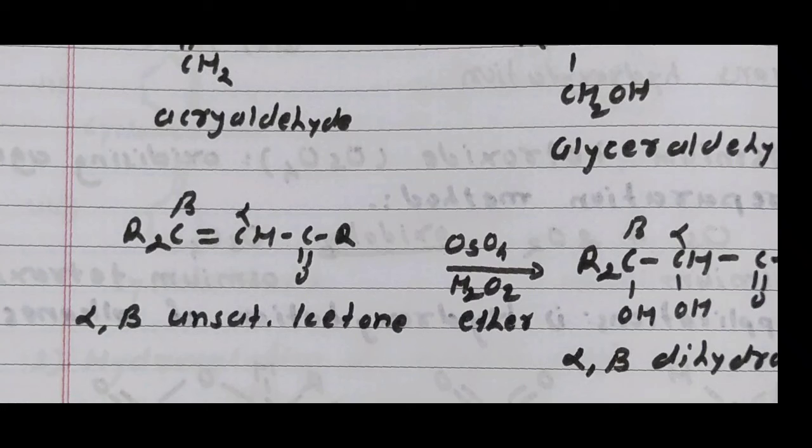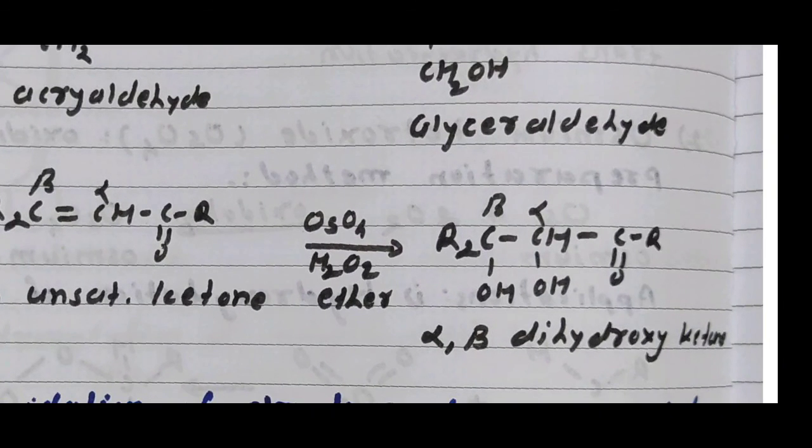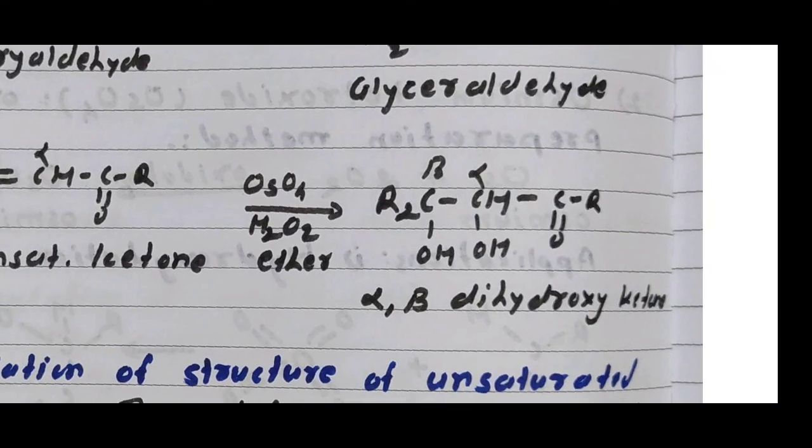R2C double bond CH, C double bond O, R. Here ketone is the functional group. The carbon atom adjacent to the functional group is called alpha. Next is beta. Therefore, the alpha beta unsaturated ketone in presence of OsO4 and H2O2 gives formation of an alpha beta dihydroxy ketone. Here the ketonic group, C double bond O, is the functional group.